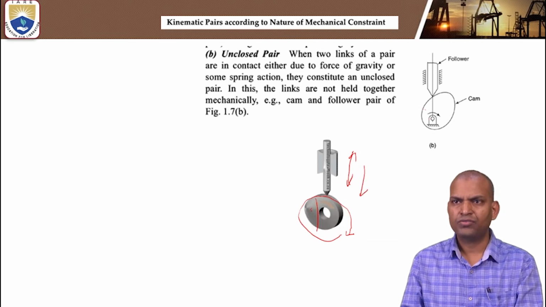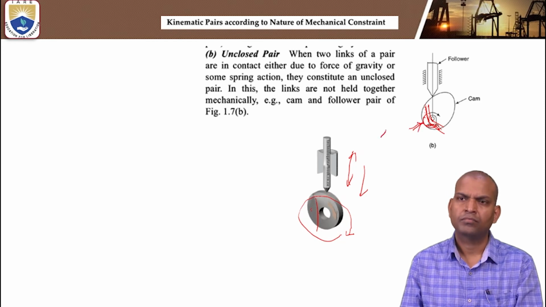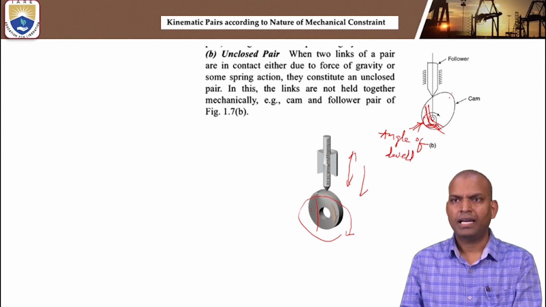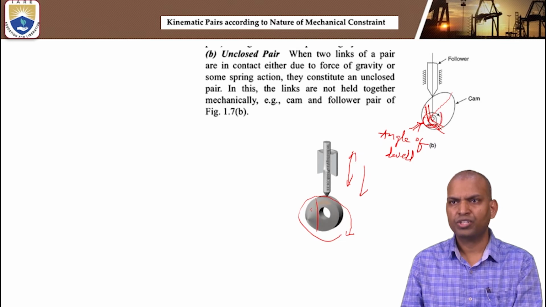Now in this case, we can divide it. This portion is the angle of dwell. This portion is the angle of rise, theta r, and the remaining portion is the angle of fall.